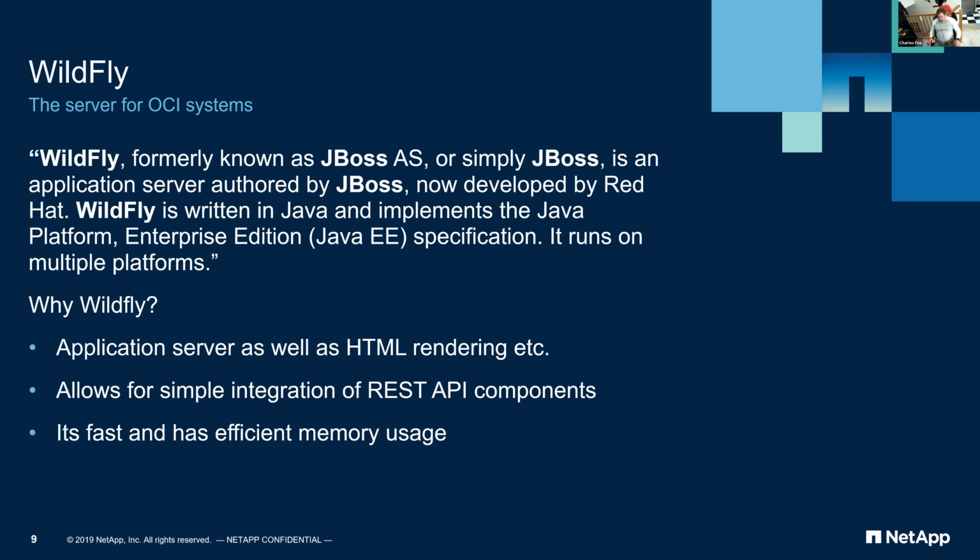But this is what we chose to embed into the OCI server. And why Wildfly? Because there are a lot of other potential and very good alternatives as web services engines. Partly because Wildfly was an application server as well as an HTML rendering component and UI presentation tool. It has bits and pieces built into it that allow the implementation of things like the REST API.